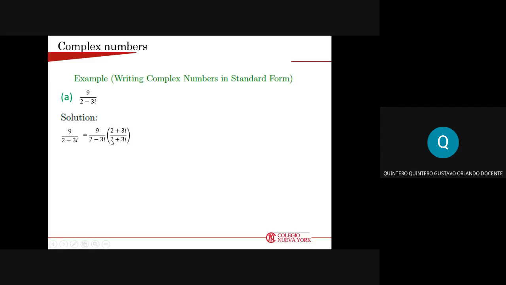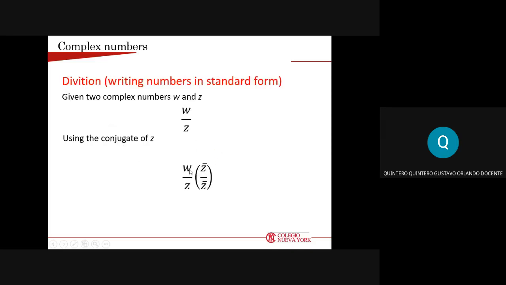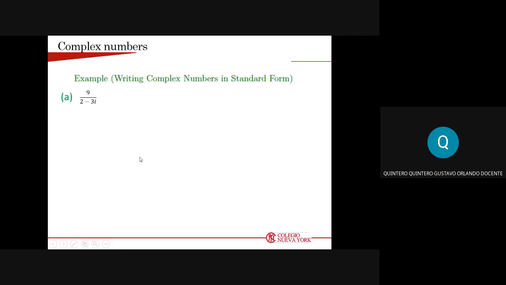But the 1, remember as I showed you at the beginning, we're going to multiply up and down by the conjugate of the denominator. This is exactly what we did here. The conjugate will be 2 plus 3i because the number is 2 minus 3i. So that is why we need to know how to find conjugates. We're going to multiply up and down by the conjugate of the denominator.